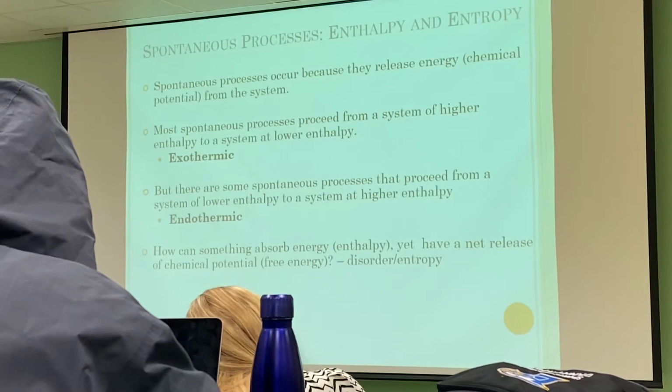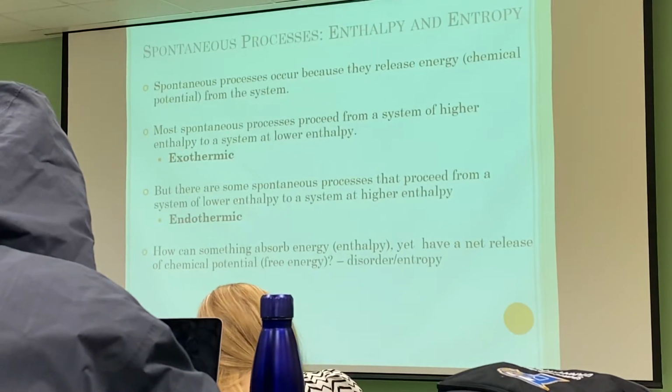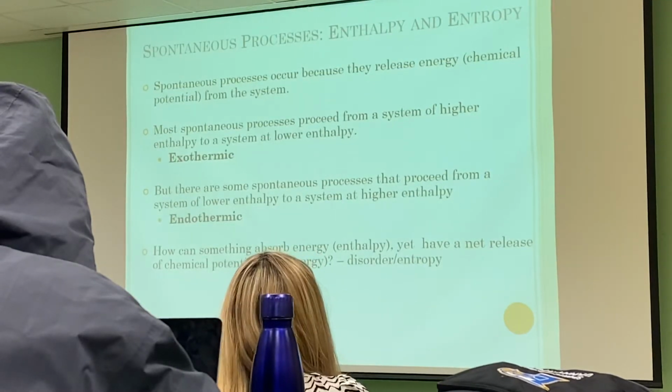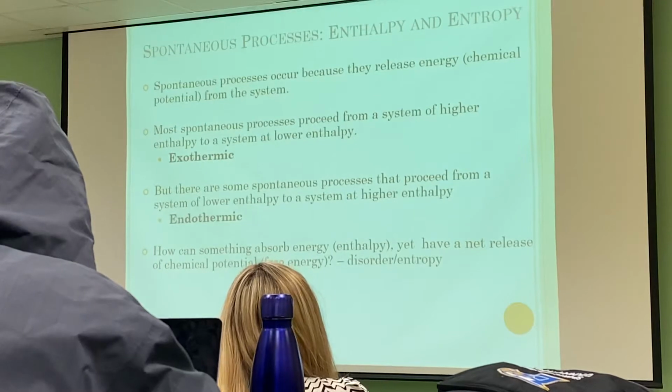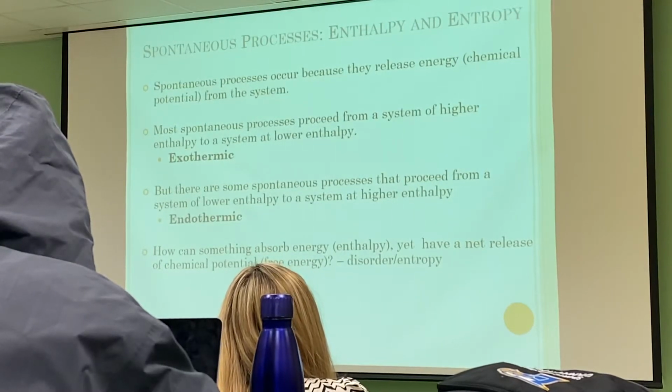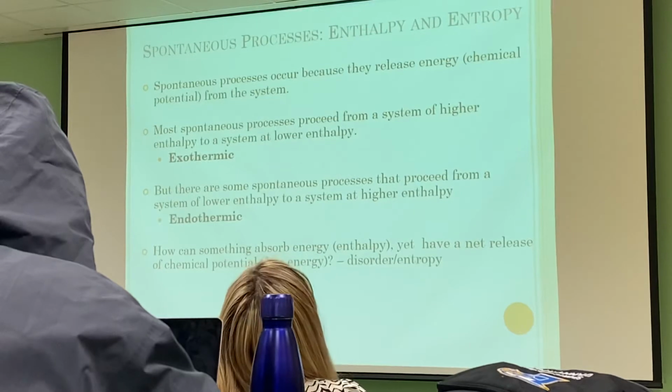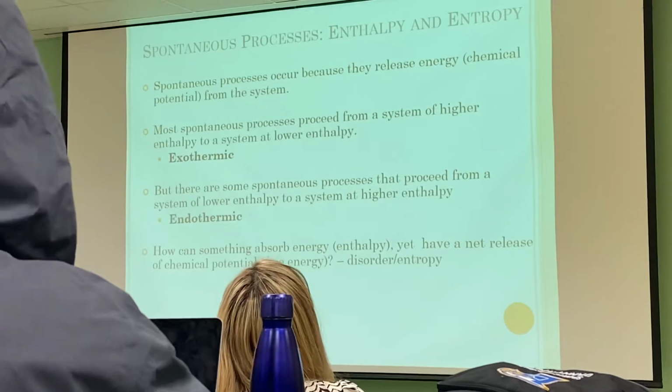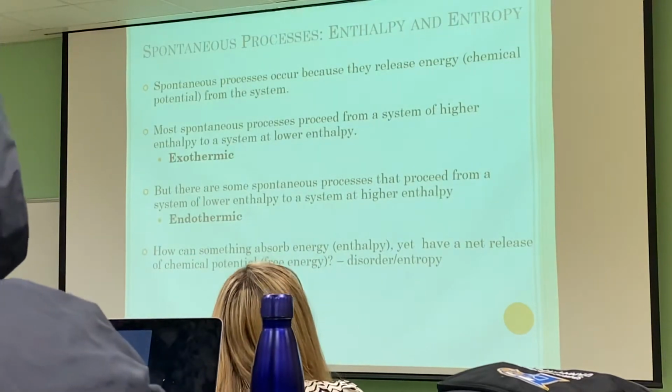We can say most exothermic processes are spontaneous. But there are some spontaneous processes that proceed from a system with lower entropy to a higher entropy direction. That means some endothermic processes can also be spontaneous, which means you cannot use this endo or exothermic process to determine whether it is spontaneous or not. So we cannot use delta H to determine the spontaneity of the process.